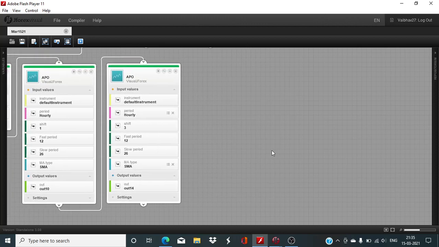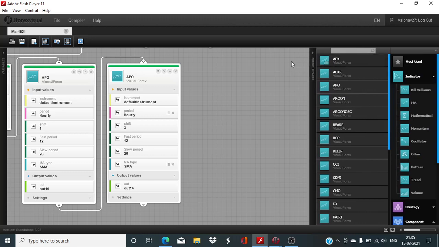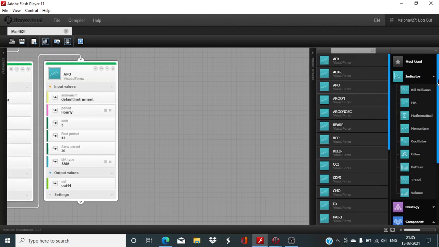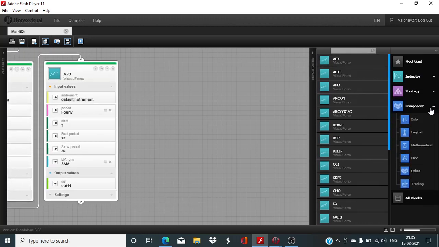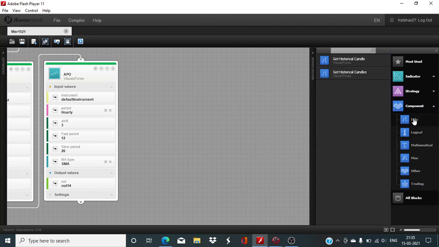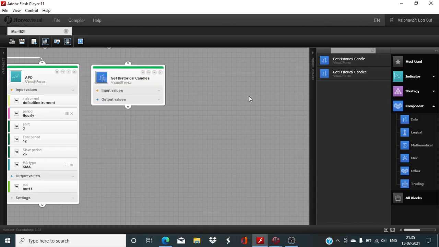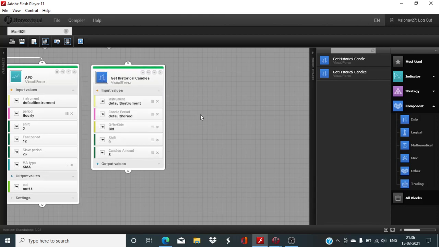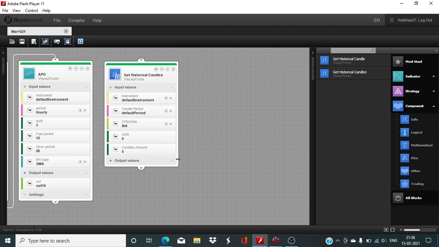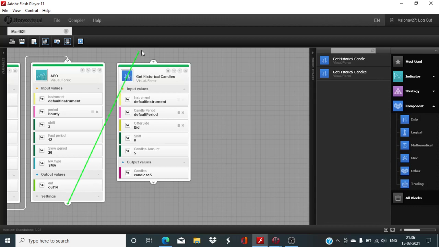Okay, and then to look at the price action we will have to take the info components. And we will need the historical candles to look at the volatility for last couple of hours.